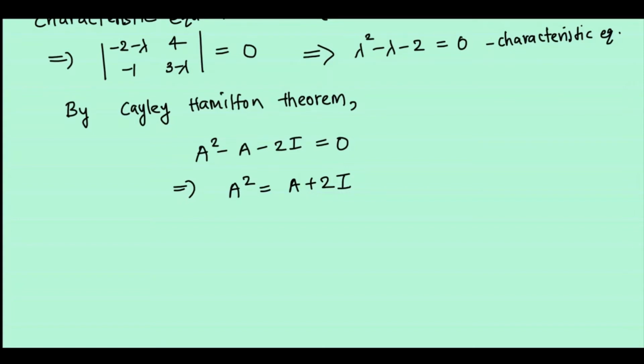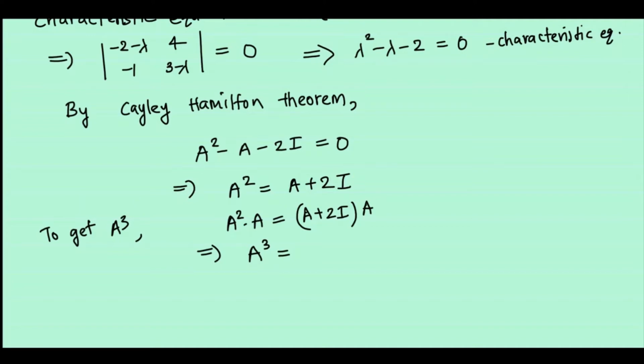Now how to get A cube? To get the next power A cube, what we have to do? Multiply again with A. This equation multiply with A. So we will get A square into A is equal to A plus 2I into A. So this implies A cube is equal to A square plus 2A. Now what is A square?